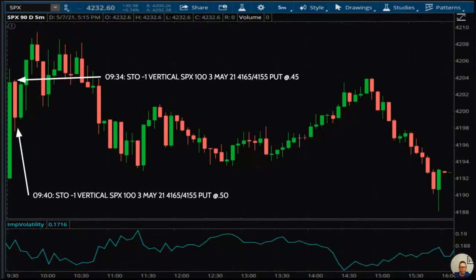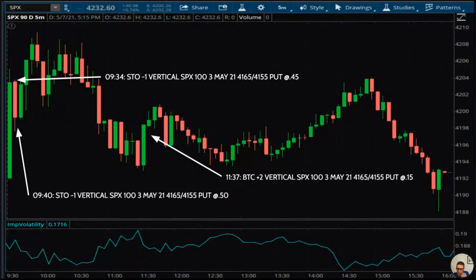Okay, and at 11:37, I was able to close the position for 15 cents. And I did it just because we had pretty much a range bound market, and I didn't want to get stuck holding this position for a very long time. All right. So these are the examples, and they happen every day because I trade, well, every other day.